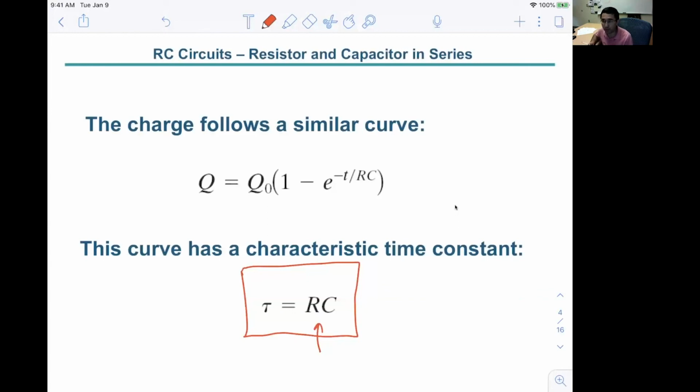This type of question can show up in the exams. It's not too much mathematics, but what is the relationship between the time constant and the resistance, capacitance, and so on.